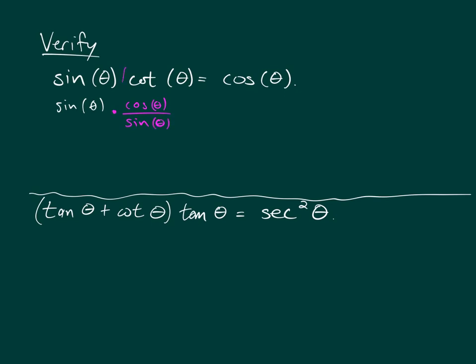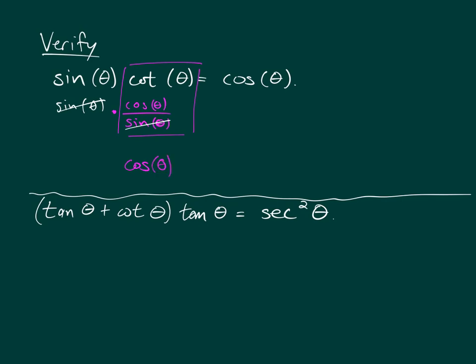So this cotangent I changed into cosine over sine. Oh yes, so now it's all looking pretty clear. So once you do this, it looks like the sines in the top and the bottom here can reduce away, leaving you with cosine of theta.